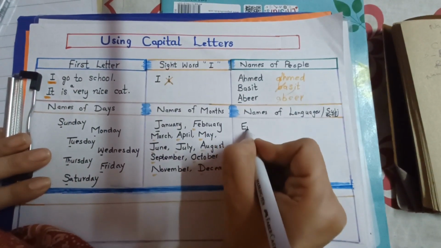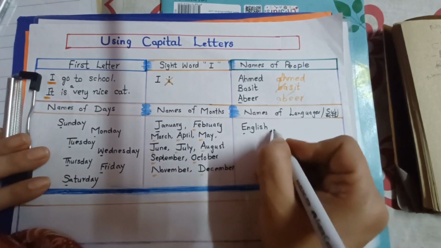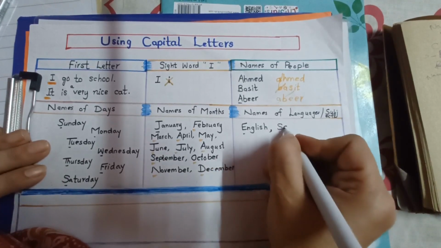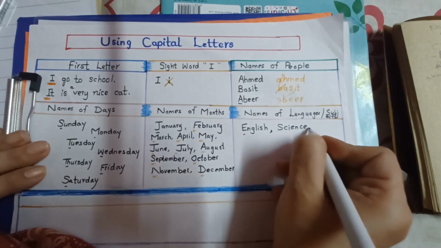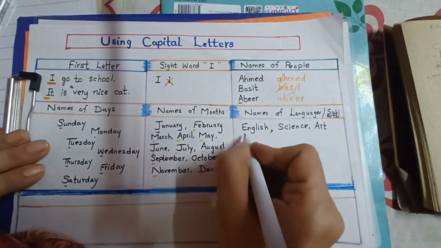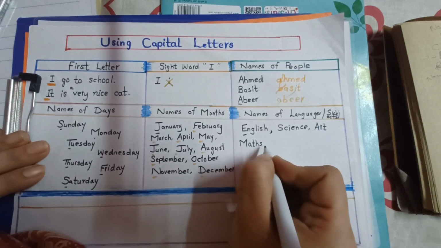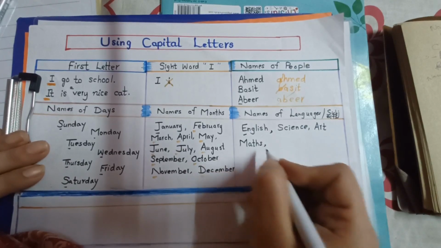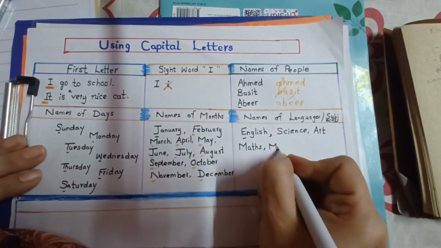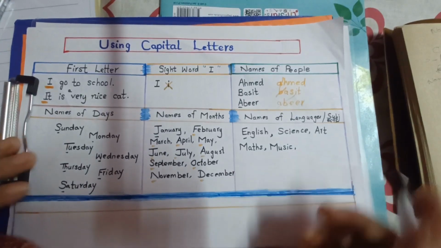Language, English should start with a capital letter, and subjects like science, art, maths, and music. If music is a subject, you can write it like this.